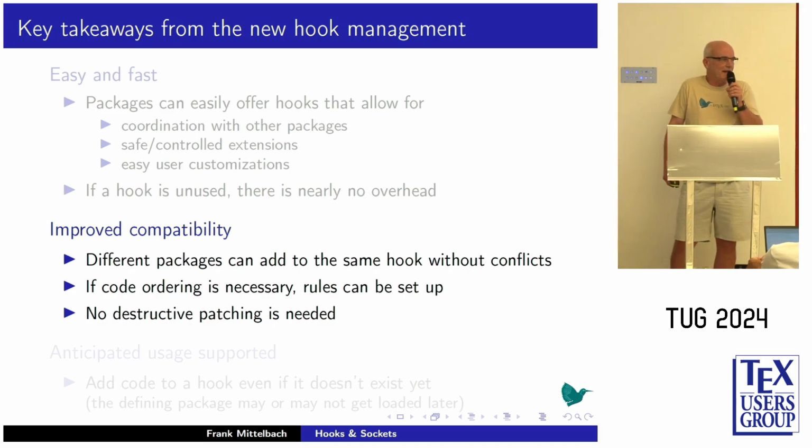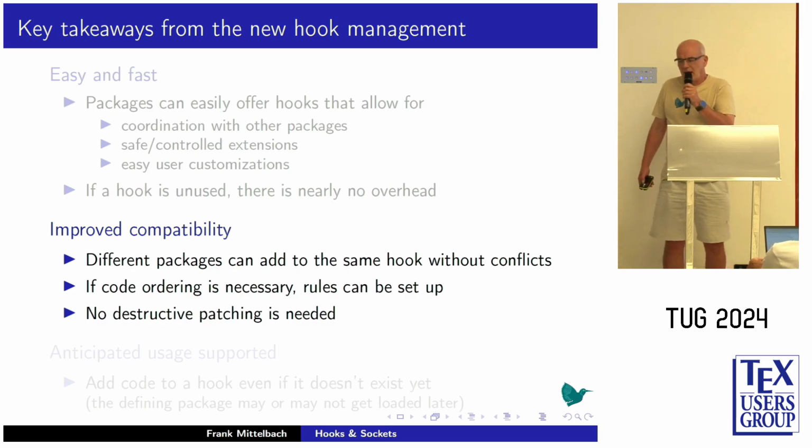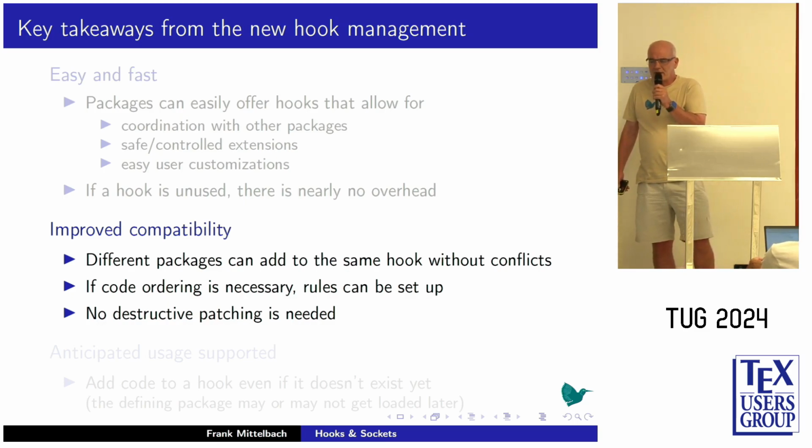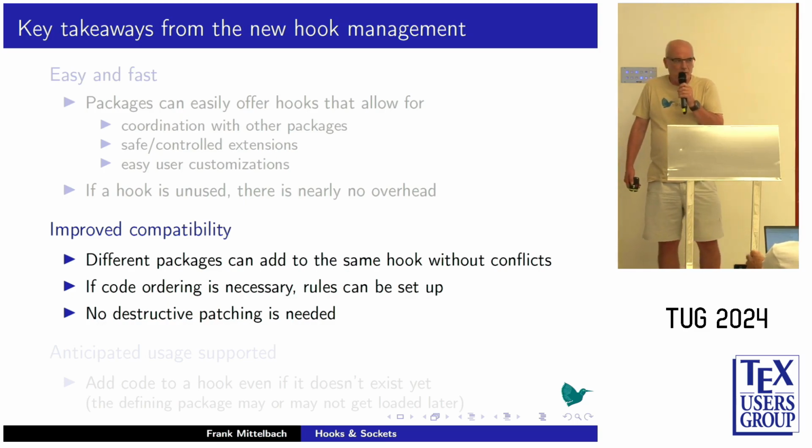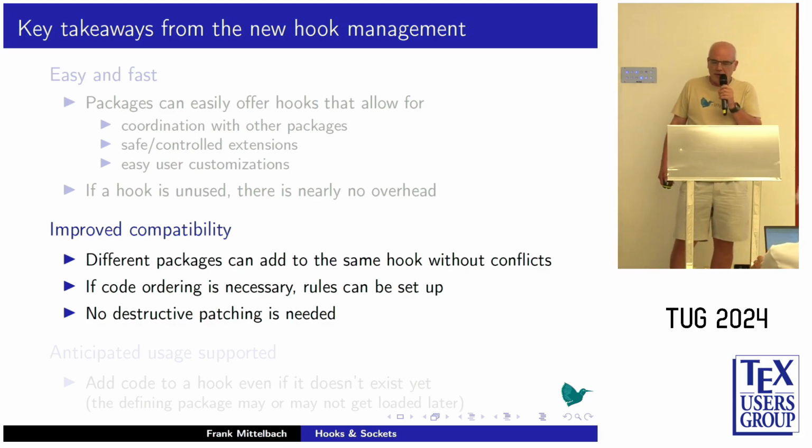But of course, there are cases where it does make a difference, and this is where the hook management offers methods to structure what is inside a hook. For example, it is possible from the outside to define rules that certain hook chunks are in a certain order. It is even possible to remove hook chunks or replace them with some other code.